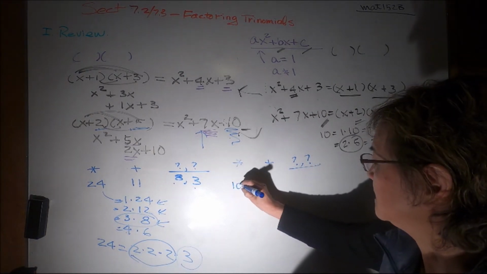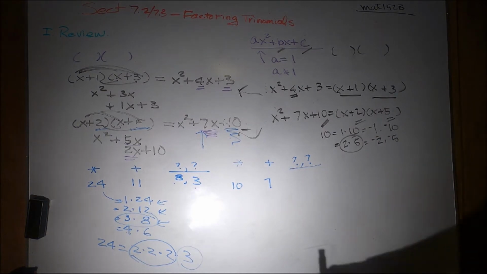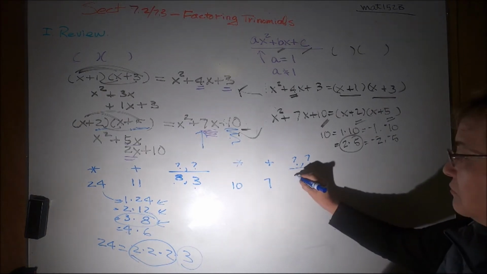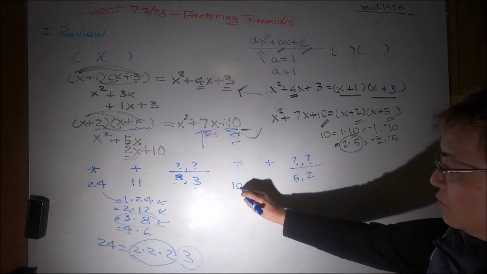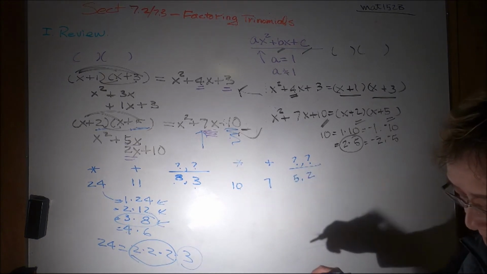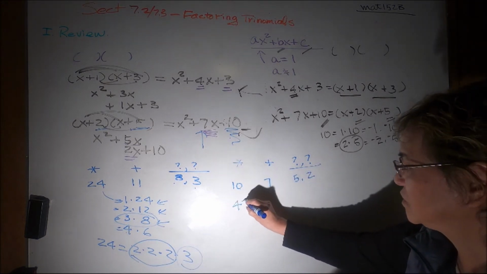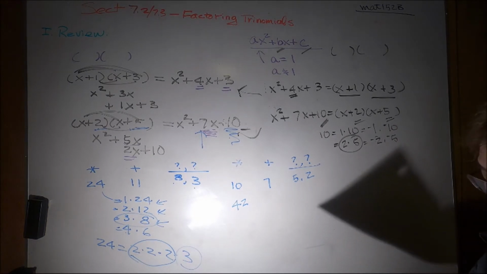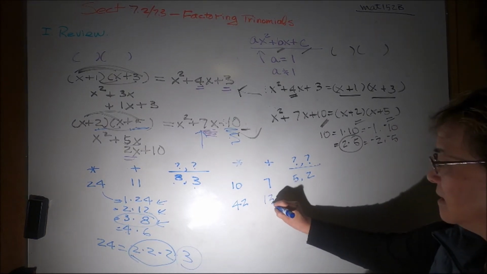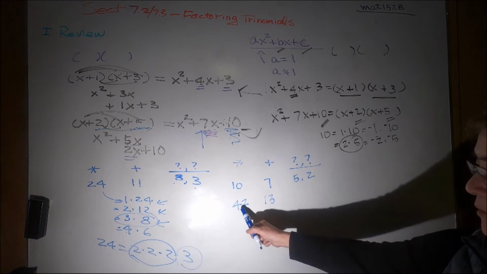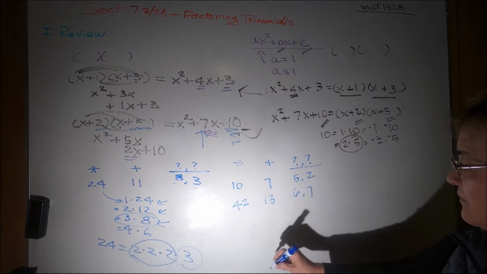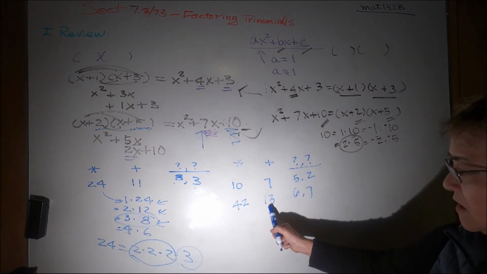So for 10 and 7, which numbers? 5 and 2, right? Multiply together is 10, add together is 7. How about 42, and add together is 13? Multiply together, that would be what? 6 and 7. Add together would be 13.